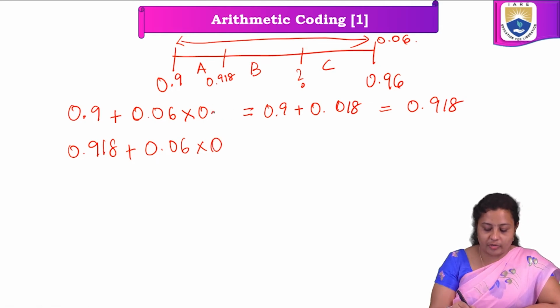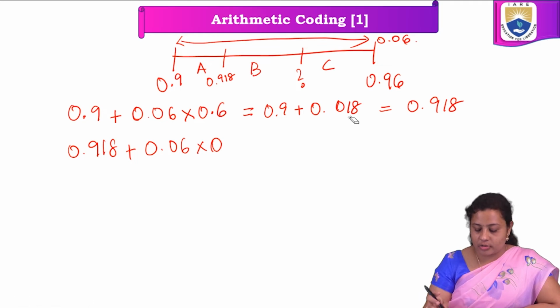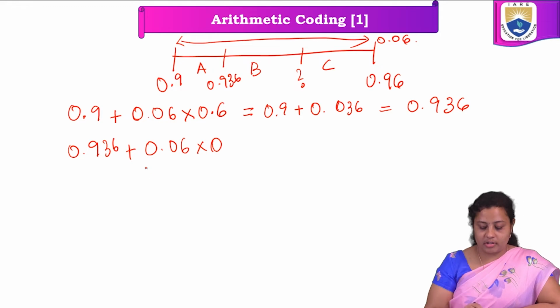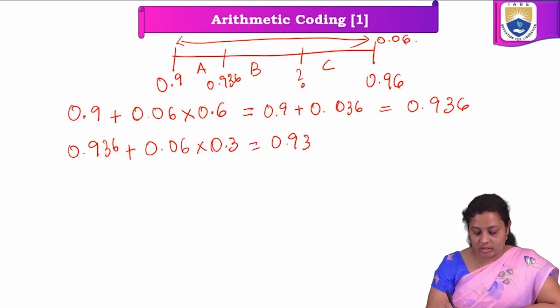The probability of A is 0.6, so this value will be 0.36. So this value is 0.936, plus 0.06 into 0.3, which is 0.018.